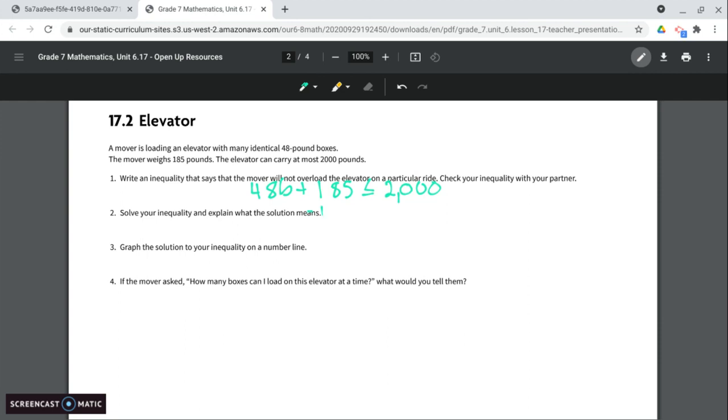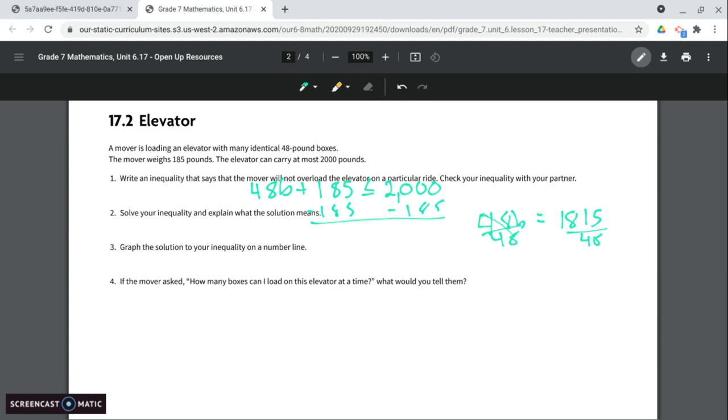So we'd start by subtracting the 185. We take 2,000 minus 185, which gives us 48b is less than or equal to 1,815. We divide by 48.